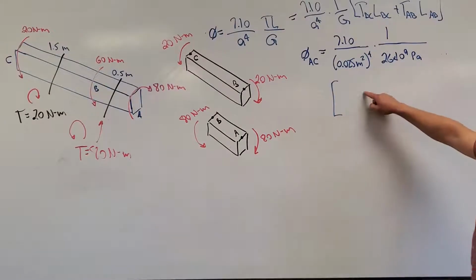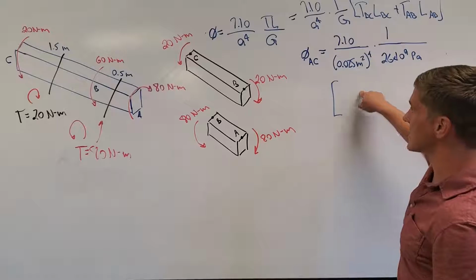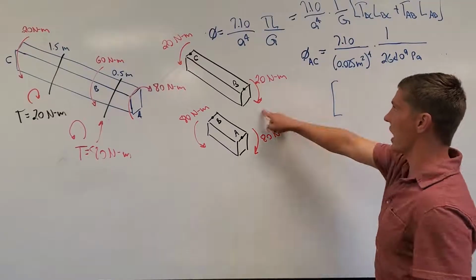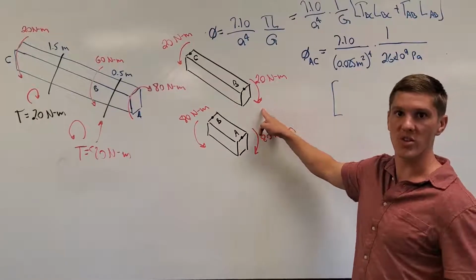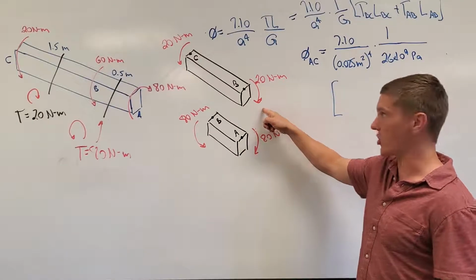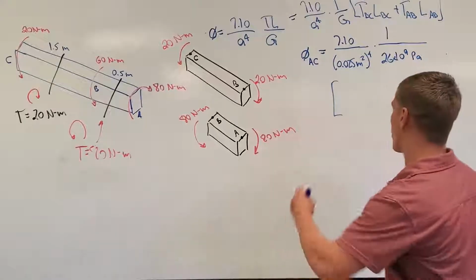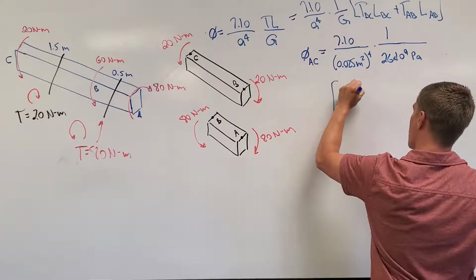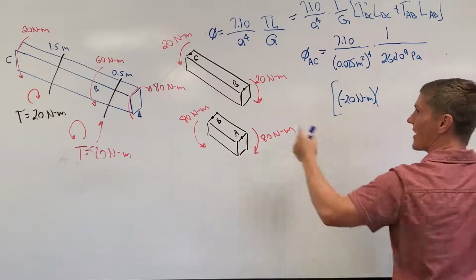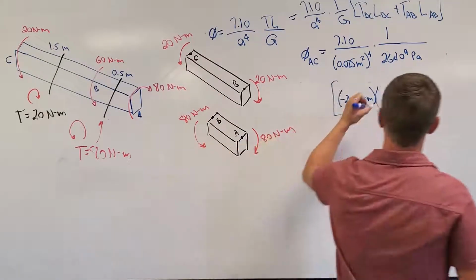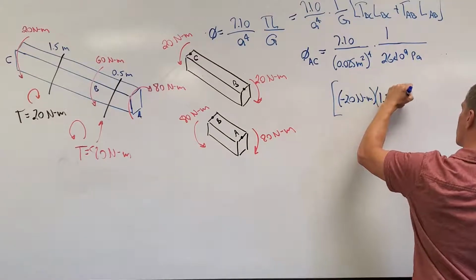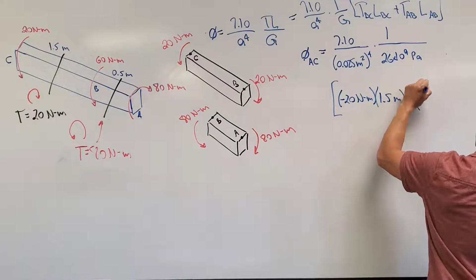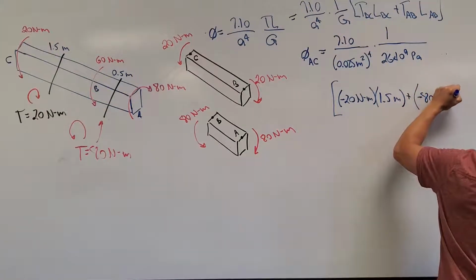So my torque between B and C, we found to be 20. For sign convention, if you actually go through and do the sign convention for internal torques, this ends up being a negative 20 Newton meters, times my length here of 1.5 meters, plus I have a negative 80 Newton meters because they go the same way.